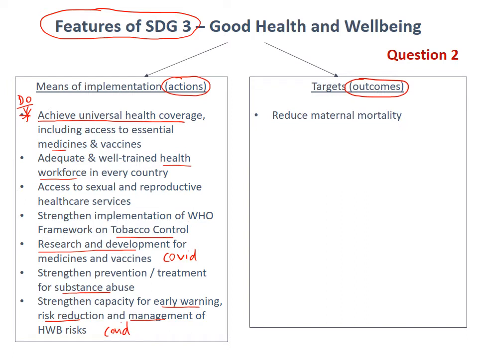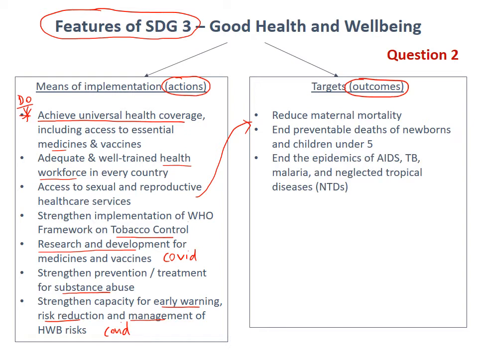We need to reduce maternal mortality. Okay, so things like access to sexual and reproductive healthcare services helps us to reduce maternal mortality. End preventable deaths of newborns and children under 5. Okay, so still that focus on child health.